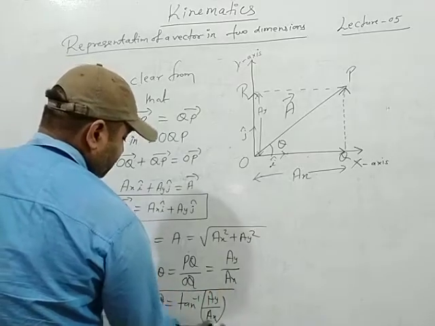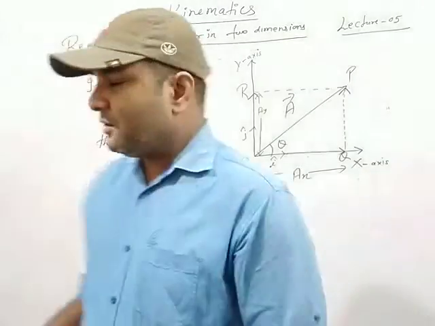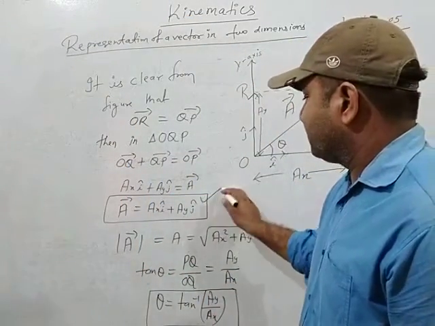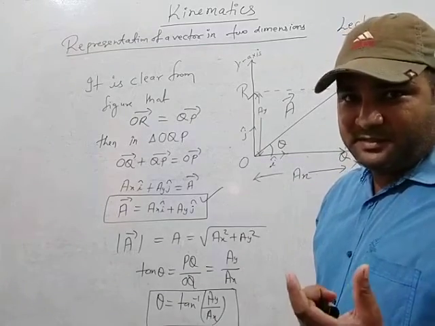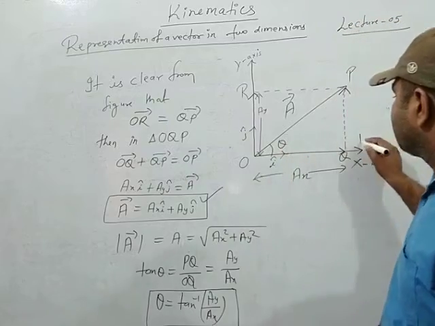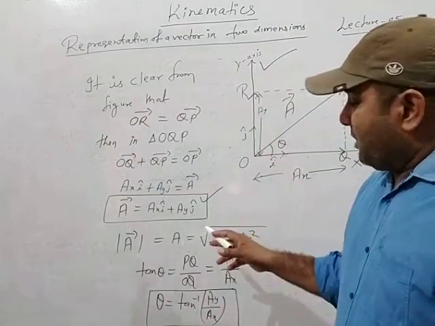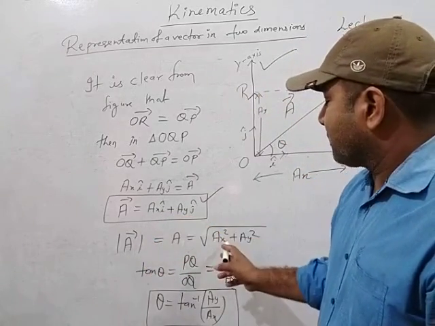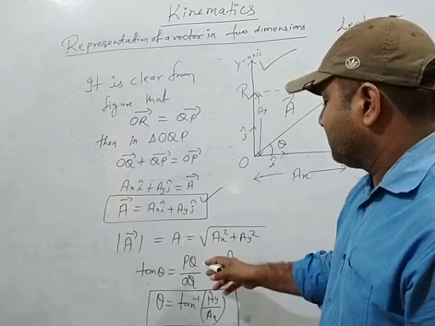Clear? This is the formula for the magnitude of a vector when the vector is represented in two dimensions along the x-axis and along the y-axis. The magnitude is the square root of AX square plus AY square.